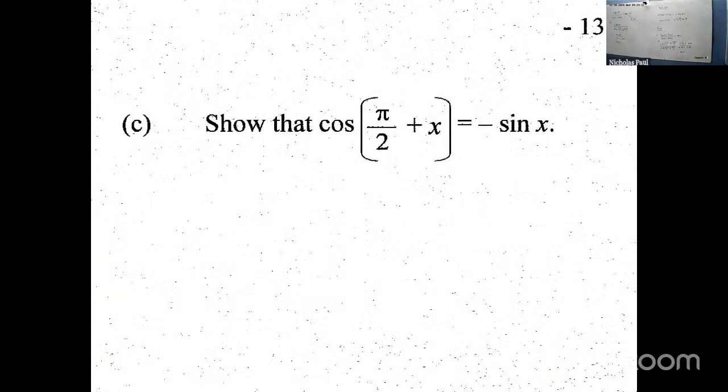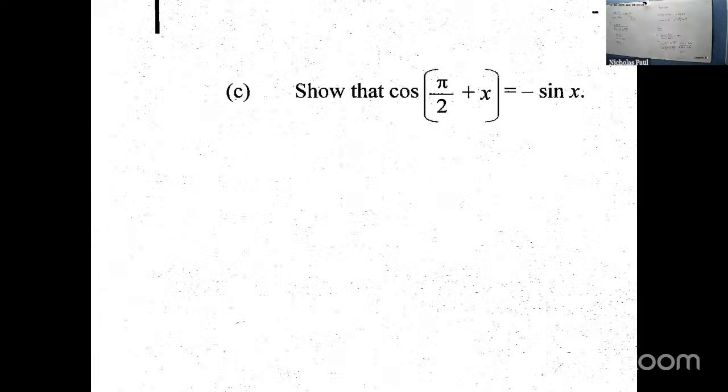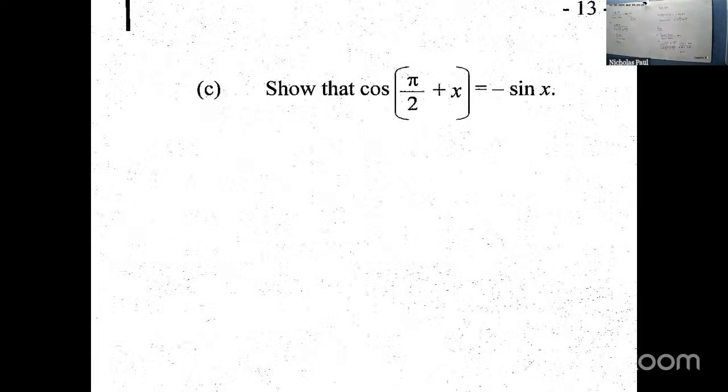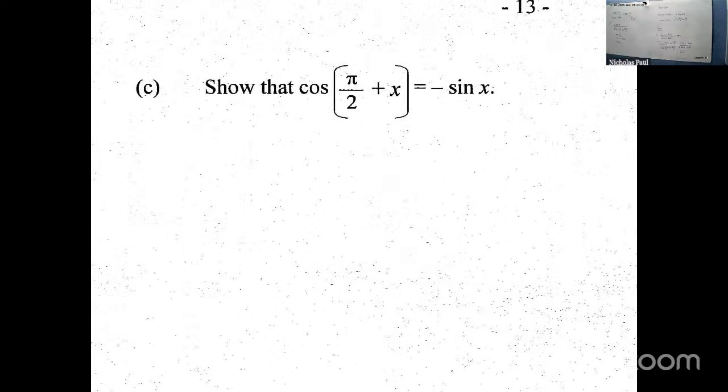Alright, something missing there. I'm not sure now. Hold on, I have it somewhere else. Some parts of it not showing up.